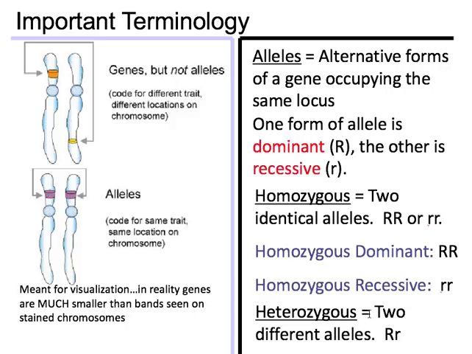The next 2 words I like to pair up are homozygous and heterozygous. Again, the word part homo means the same, hetero means different. And so what we're looking at with homozygous is you have 2 identical alleles. It doesn't specify whether it's capital R, the 2 dominant traits, or little r, the 2 recessive traits. But homozygous just means that those 2 letters are both the same. Those 2 alleles are both the same.